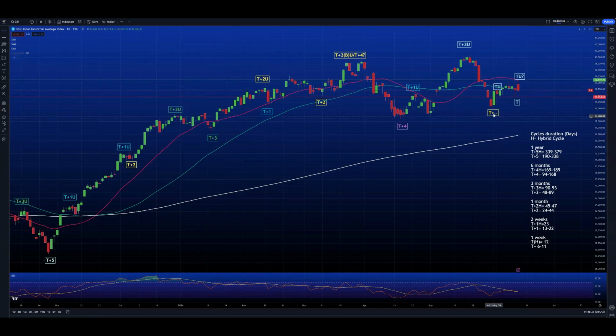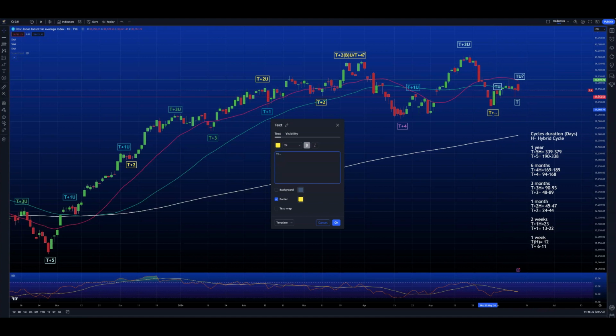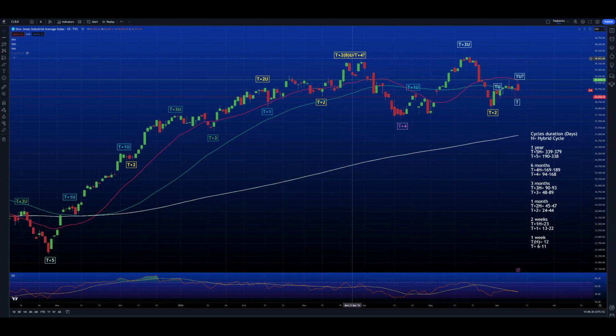Okay, at the same time I can update this as a T plus 2, and you can also check every time first weekly upward cycle, second weekly upward cycle.